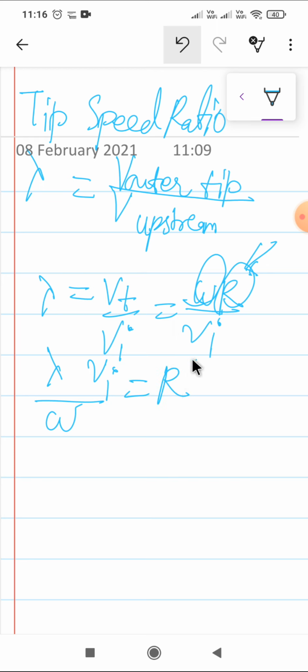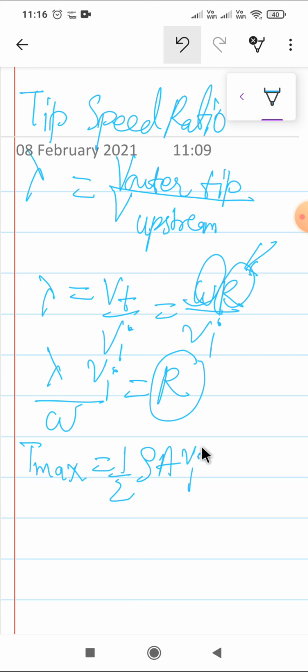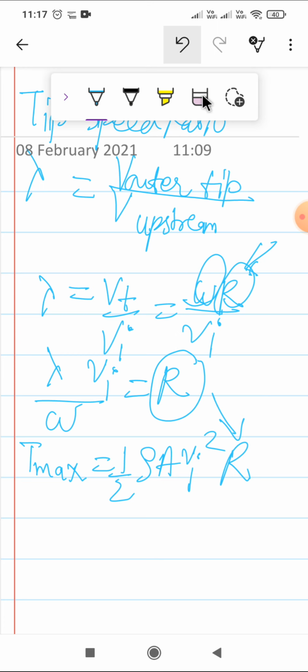Now we will use this r in the Tmax equation. So Tmax is equal to 1 by 2 rho A Vi square into r. So we'll put r here. r will be lambda into Vi upon omega.